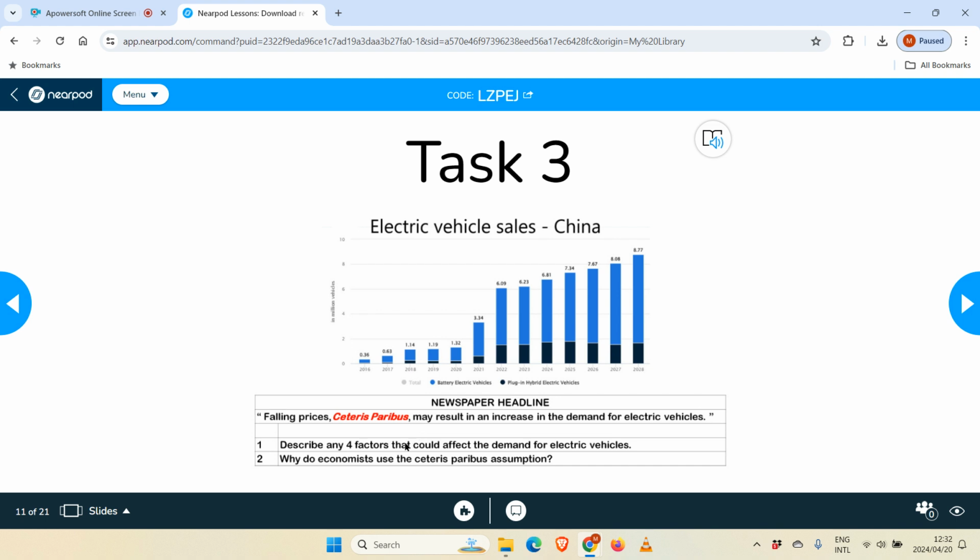For this activity, I want students to describe four factors that could affect the demand for electric vehicles. In answering this question, they will discover that there are any number of factors that could affect the demand for electric vehicles.